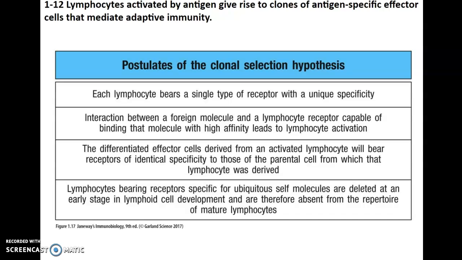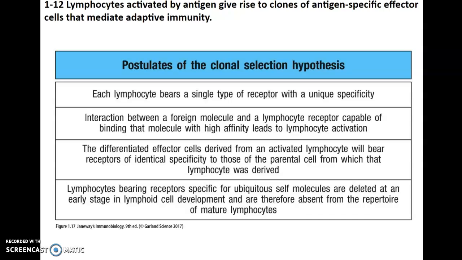Interaction between the foreign molecule and the receptor is capable of binding with high affinity, and that will cause the cell with that receptor to differentiate into effector cells that are then activated and bear the receptor of identical specificity to those of the parental cell. And the lymphocytes that have that receptor are now specific against the antigen and can go on to do whatever effect they're supposed to have, B cell or T cell, whichever it is.